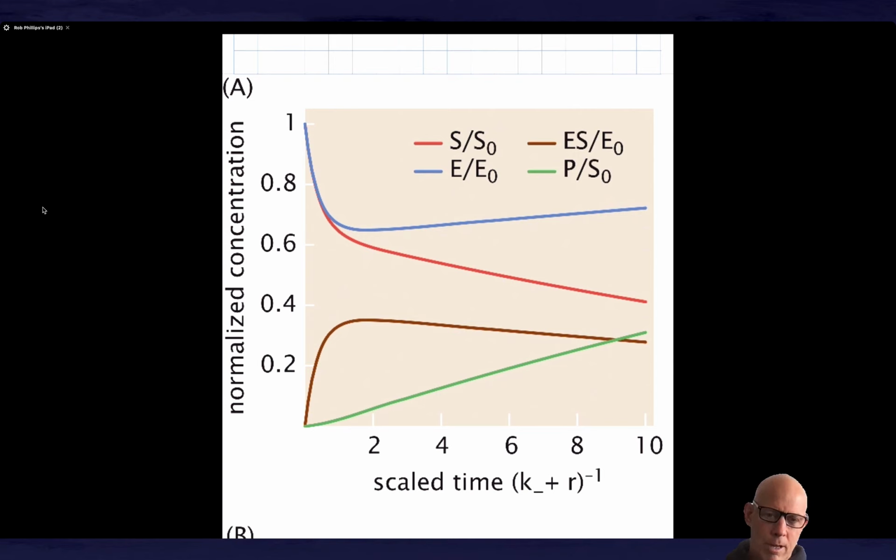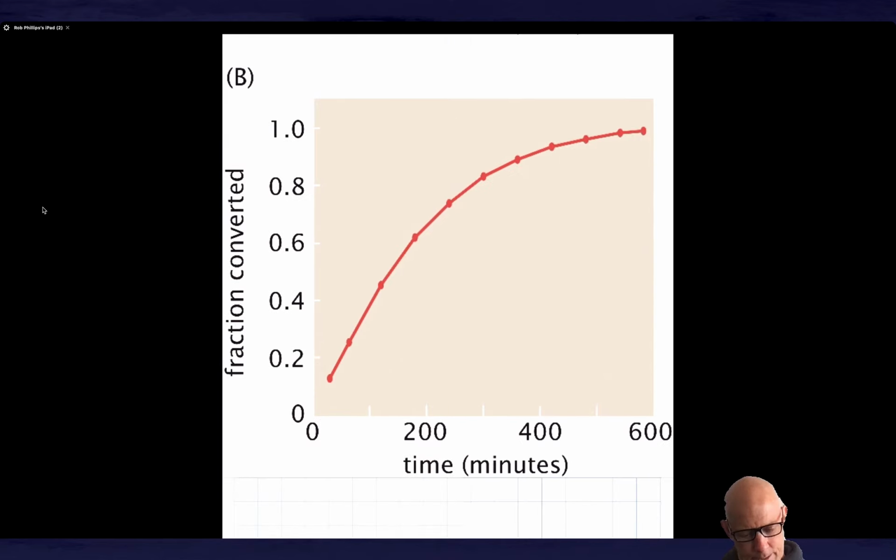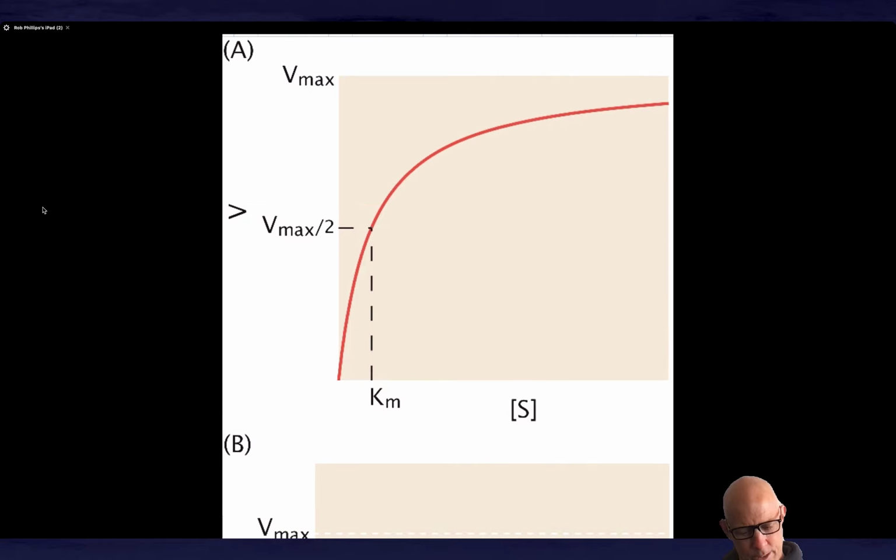So there's a time scale there. And what we're seeing is that after this initial transient, the substrate, which you see in red over here, is slowly bled off. That's the key point I wanted to make.